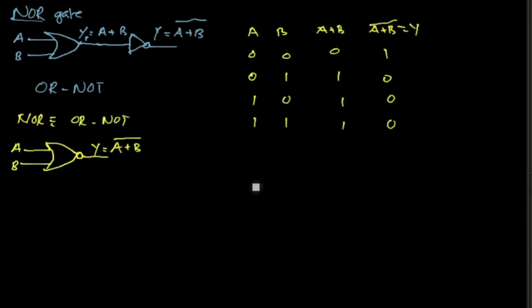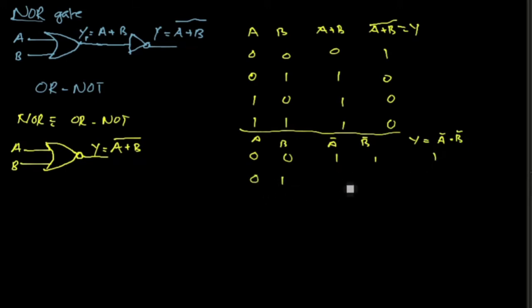Now if you consider another circuit which has the same truth table, output table, here if you consider A and B, and you complement A and B, that is A, B, then consider A complement and B complement, then it is 1 1. Now if you take the output Y is equal to A complement and B complement, you will get output 1.